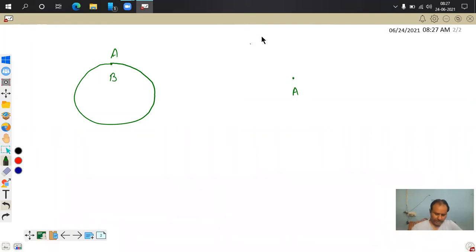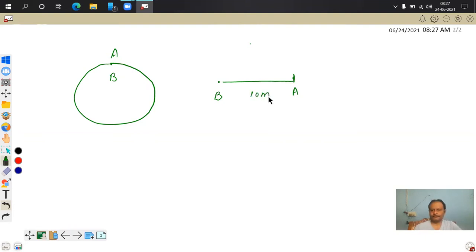So say you have to move from the point A से B तक जाना था, and say this is 10 meter.